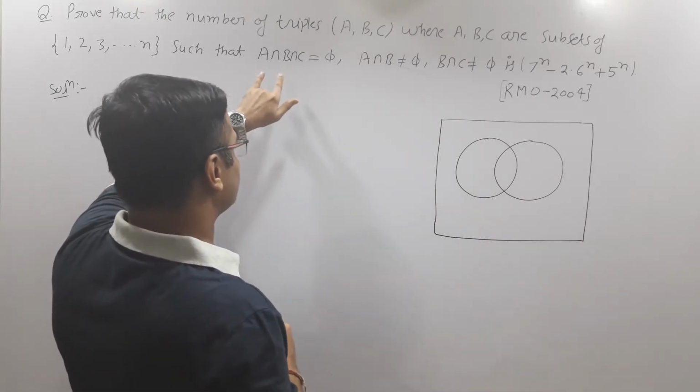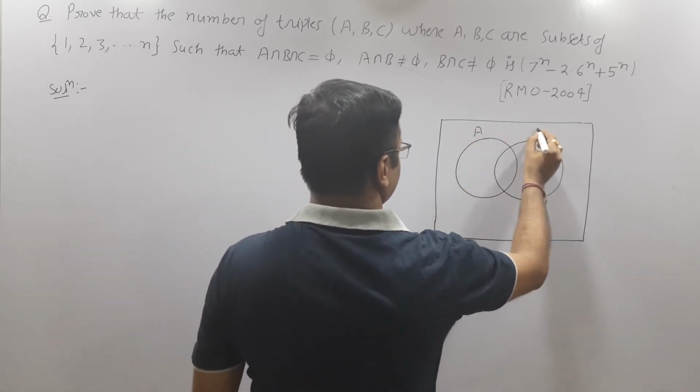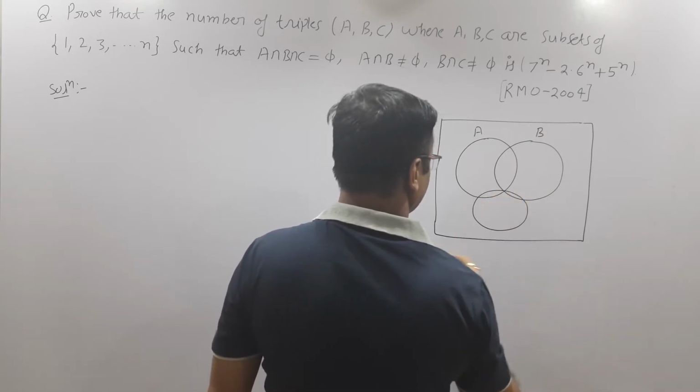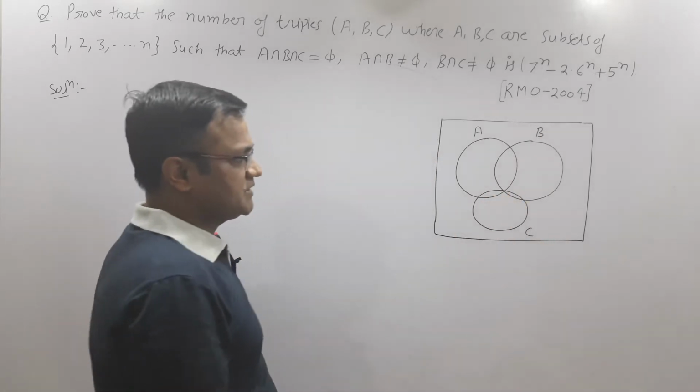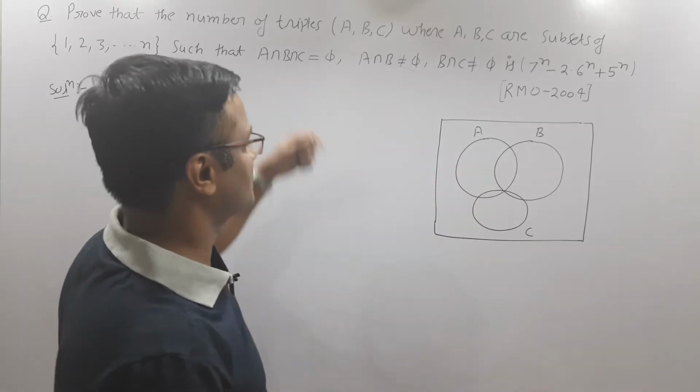That is, there exists no element common to all the three sets. This is the set A, this is the set B, and C is something like that. As you can see clearly, there is no space common to all the three sets.